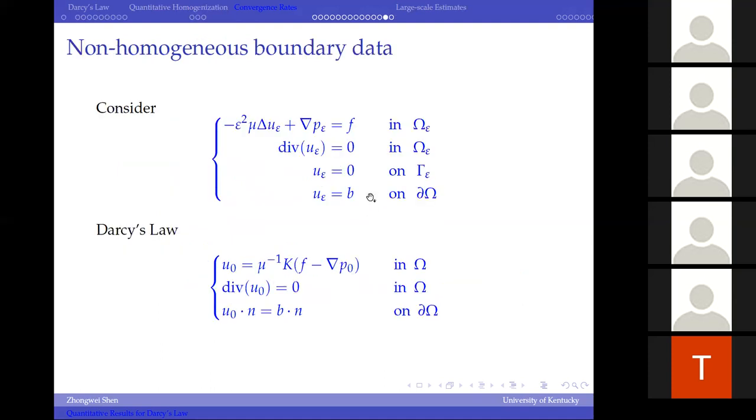So P0 appears in this equation, and in order to say P0 is in C2,1/2, you need to require F to be C1,1/2. It's not clear this is sharp. I don't know. Okay, thanks. Some conditions on that.